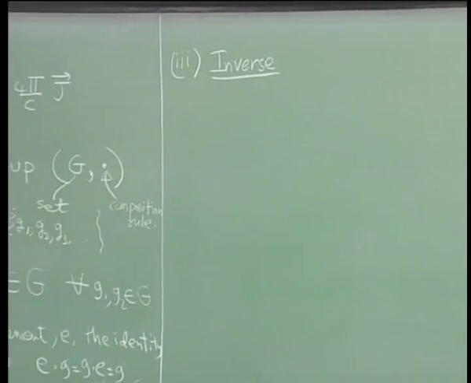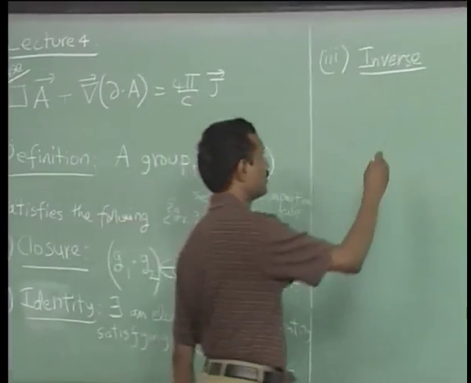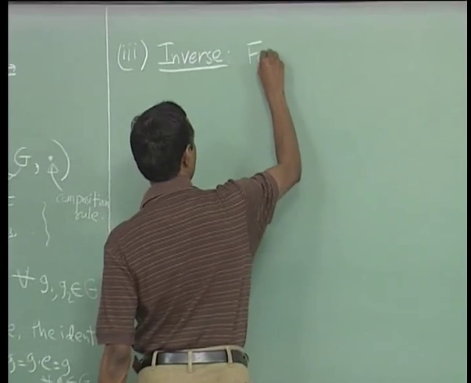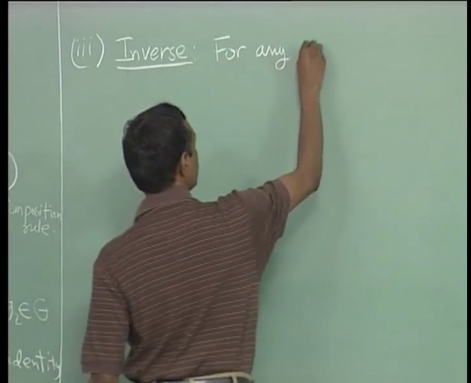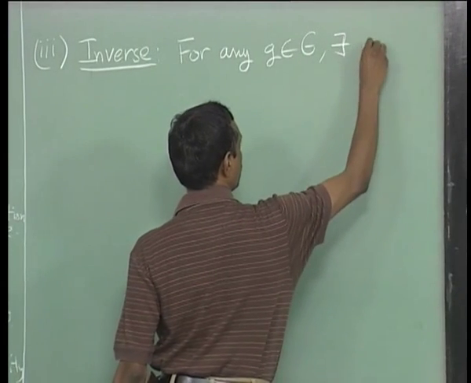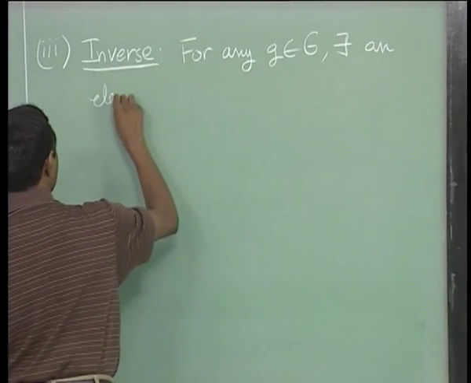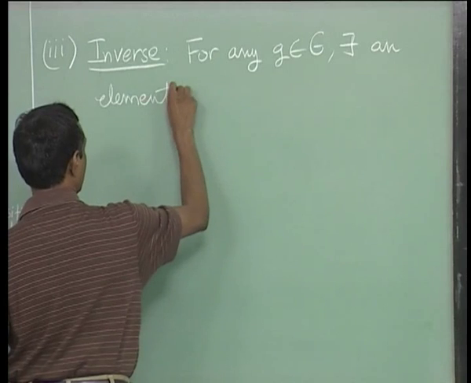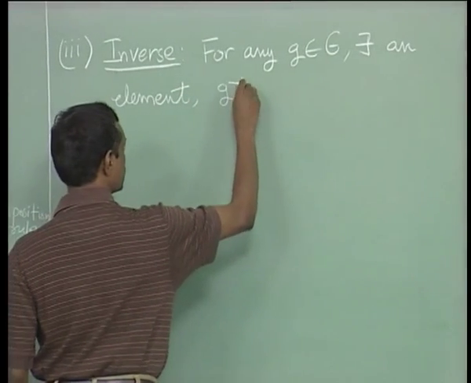And existence of an inverse. Okay. So, for any element which belongs to this set, there exists an element which we will call G inverse.